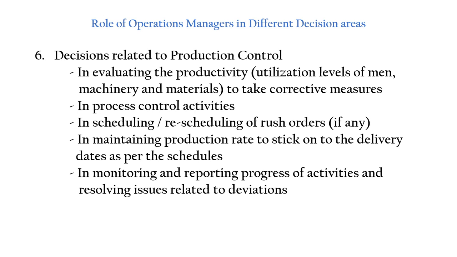So in evaluating the productivity and in process control activities, see, once a process is set in the organization, we can't expect that everything will happen as per the standard operating procedures. There may be some deviations, maybe due to machine wear and tear, or there are so many reasons why the process will go out of control.